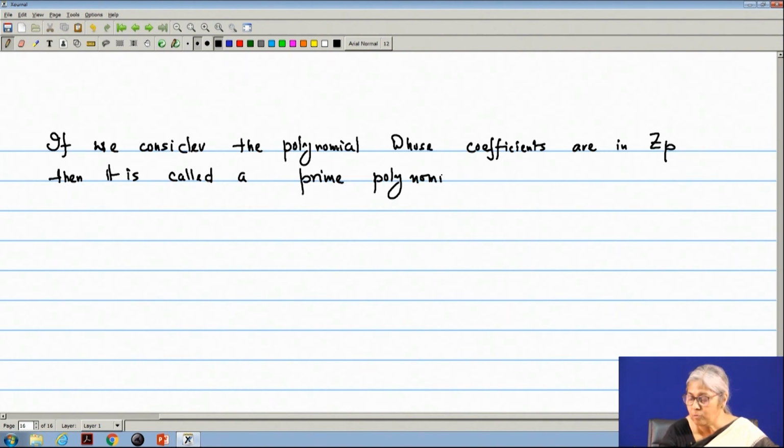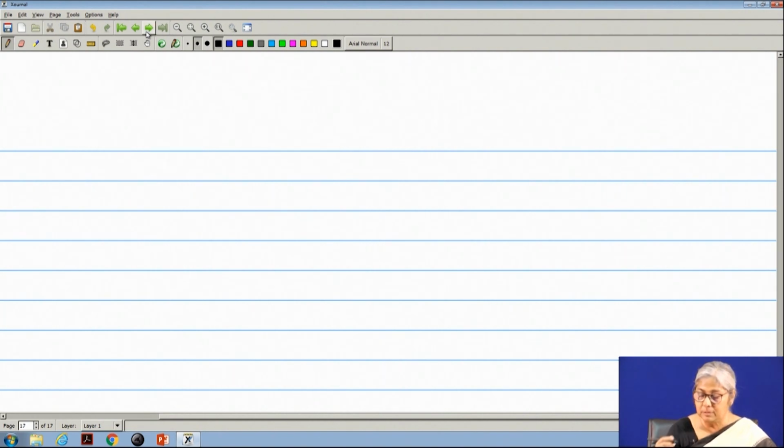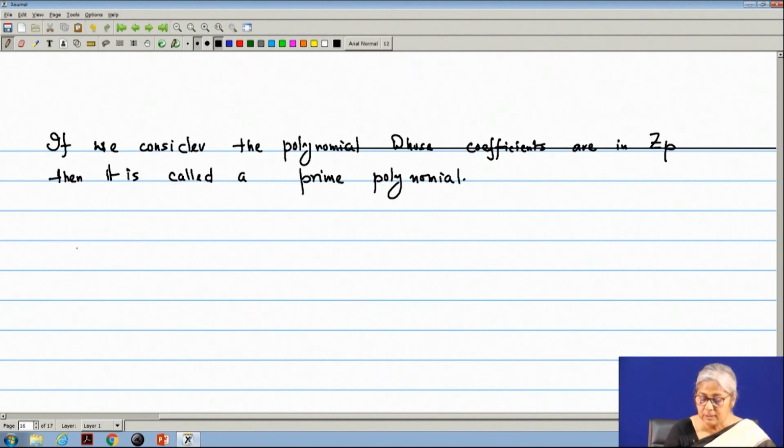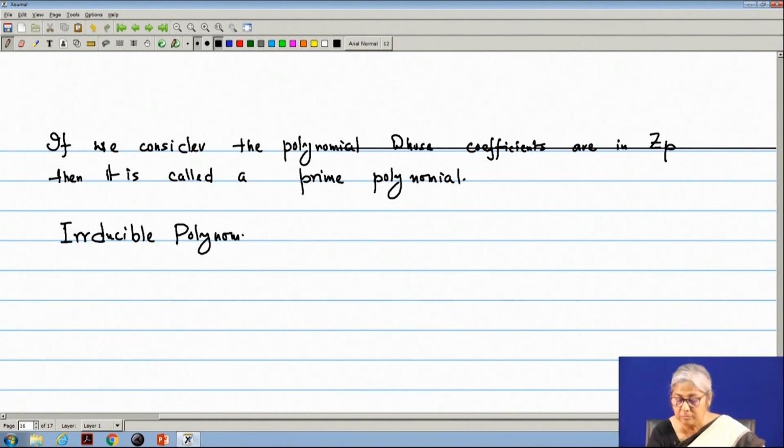And some more definitions on polynomials are very important, and we will be discussing them. One is called the irreducible polynomial and the reducible polynomial. So, an irreducible polynomial is one that has no factor.